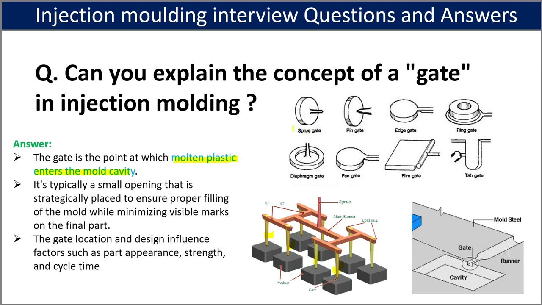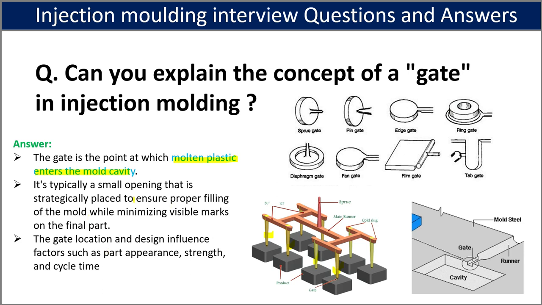Okay, and here you can see the different types of gate we are using in injection molding. The gate is typically a small opening that is strategically placed to ensure the proper filling of the mold while minimizing the visual marks on the final part.